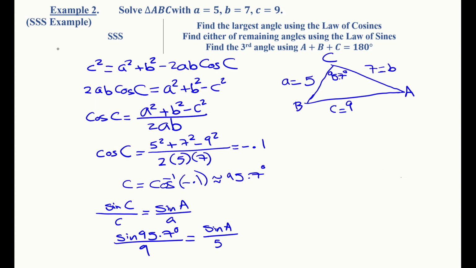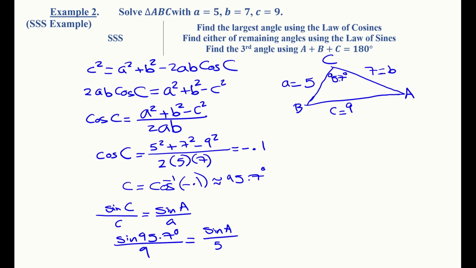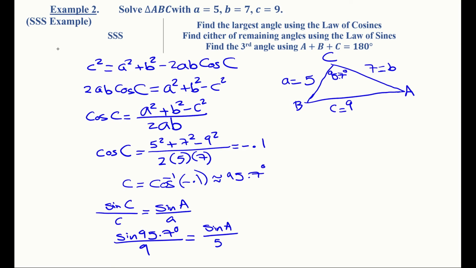All right, let me go ahead and erase this so we get some space here. Actually, let's go with the other one first. 9 sine A equals 5 sine 95.7 degrees.